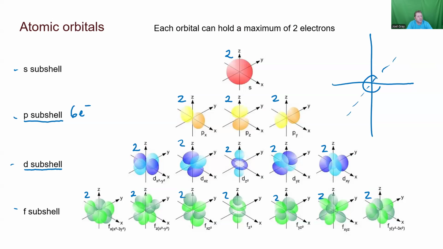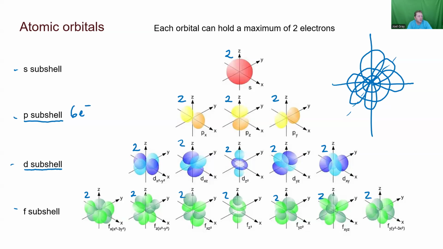My first 2 electrons go in the 1s orbital. That's a sphere. My next 2 electrons go in the 2s orbital. That's also a sphere. My next electrons are able to go in the 2p orbitals. There are 3 of those, so I can place 6 electrons there.